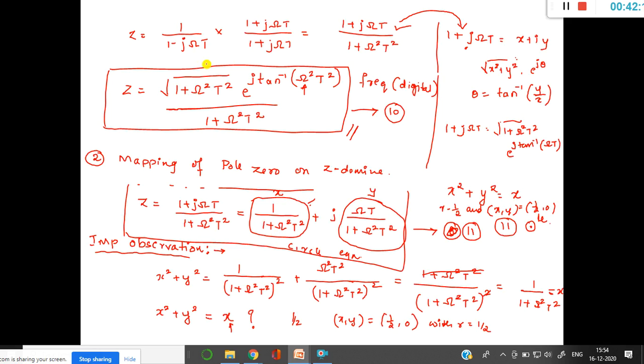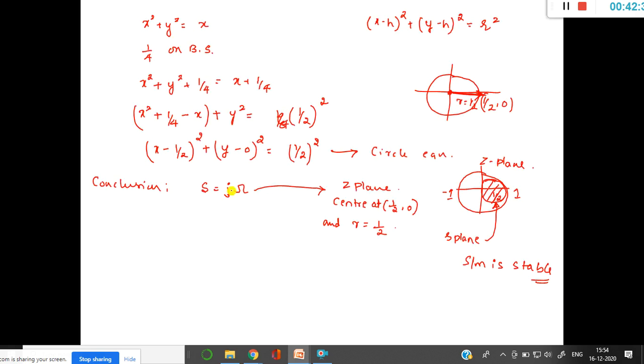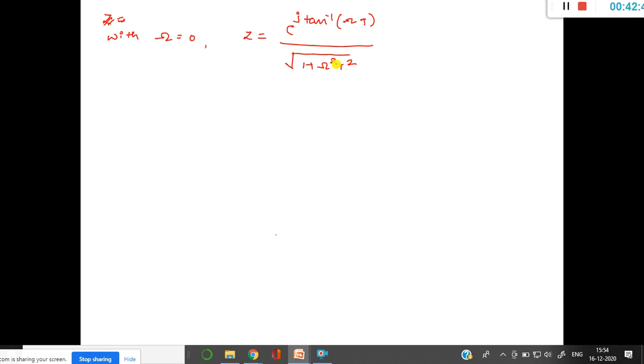Why I take this as, look at this. If I take this as whole to the power of 1 by 2, here that is 1. If you go for that algebraic equation, I can take it to the numerator, and this is 1 by 2 minus 1. Once again, we're going to get minus 1 by 2, so that I get this term in the denominator. So that's why I take this term in the denominator. That's it.